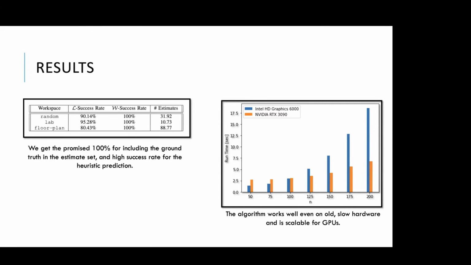And if we add a GPU, it can run even faster, and it scales very nicely to GPUs, because we have this kind of for loop that can be highly parallelizable, right? There are not many dependent computations, so the more cores we have, the faster the algorithm is.